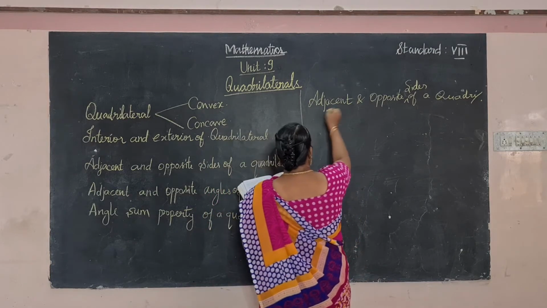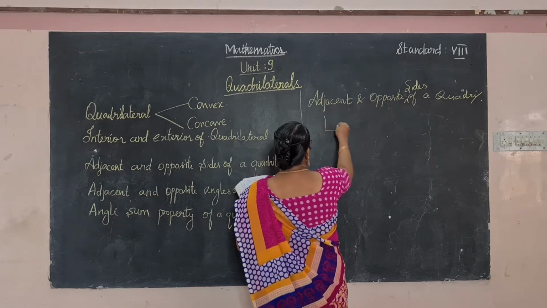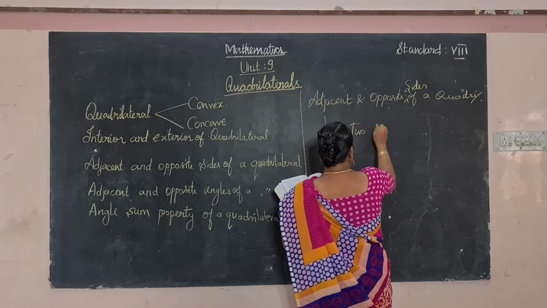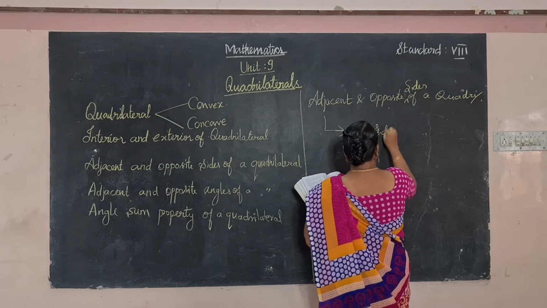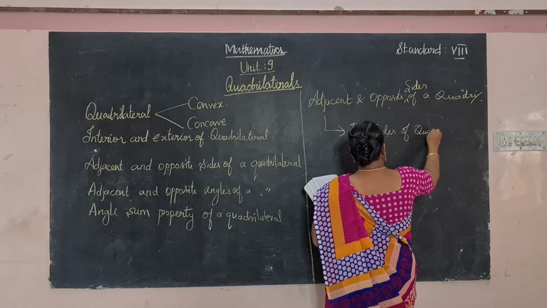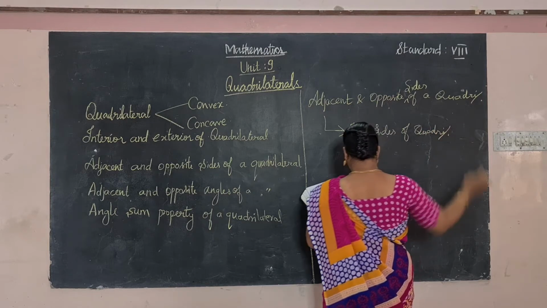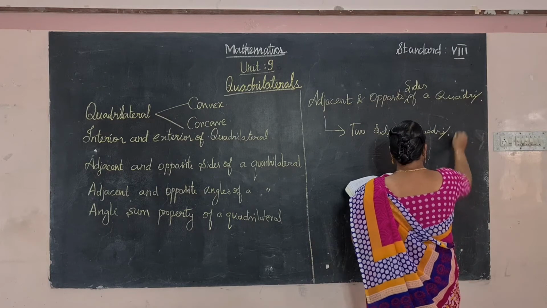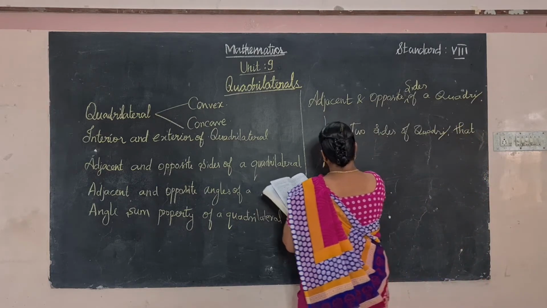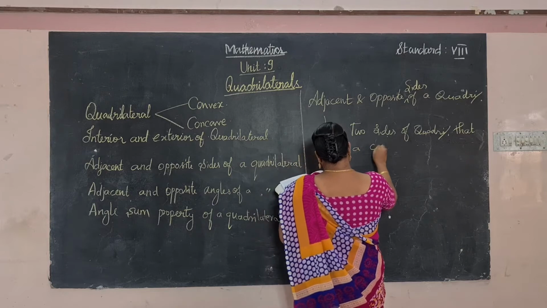First, write the definition for adjacent. Two sides of a quadrilateral that have a common vertex.